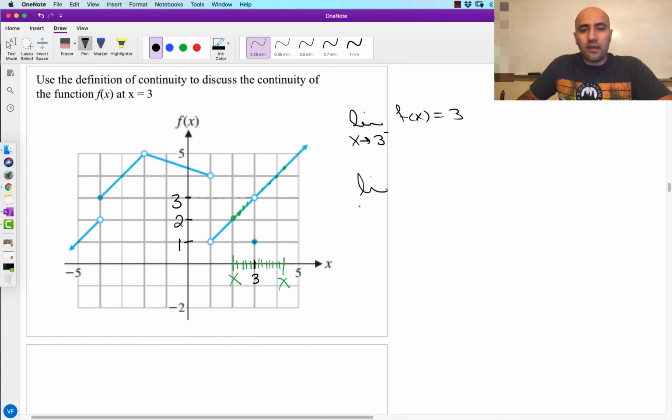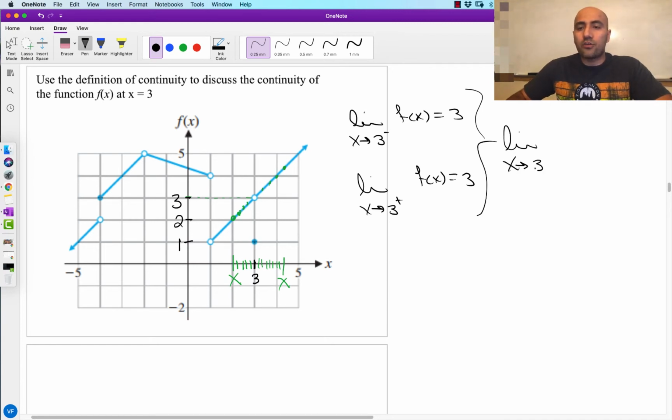The limit as x approaches 3 from the right-hand side of f of x equals 3. And now, because the left limit exists, the right limit exists, and they both equal each other, I can say the stronger statement that the limit as x approaches 3, unrestricted, of f of x does in fact equal 3. So the limit exists.